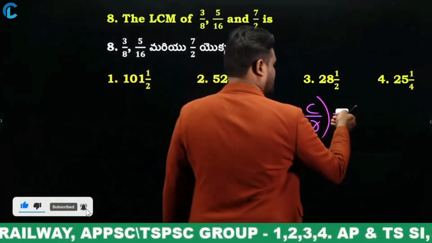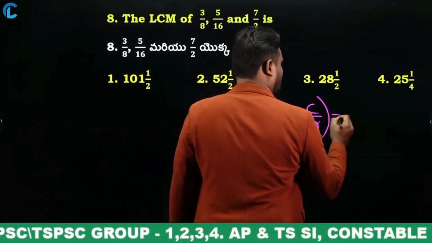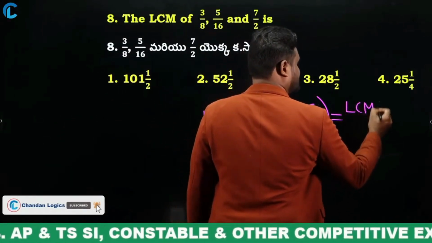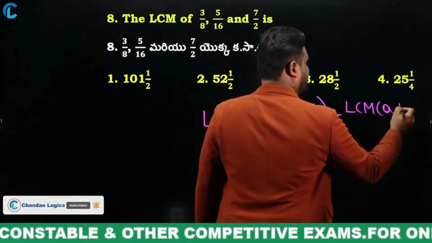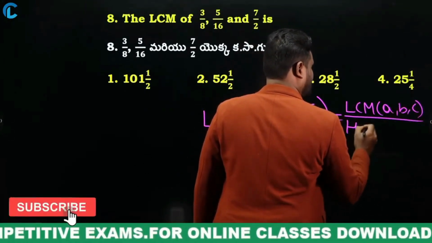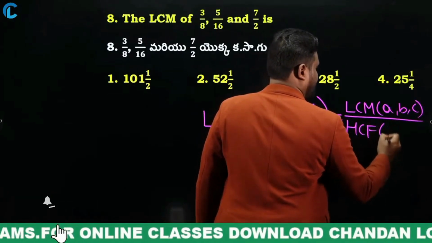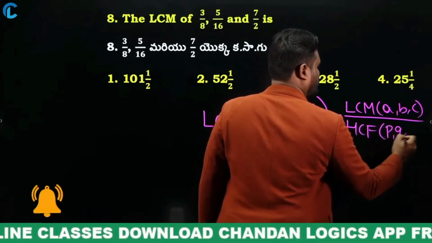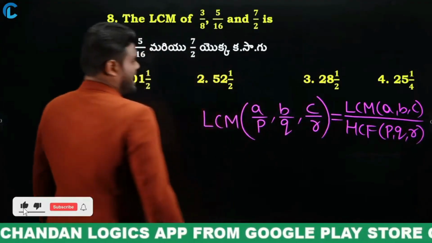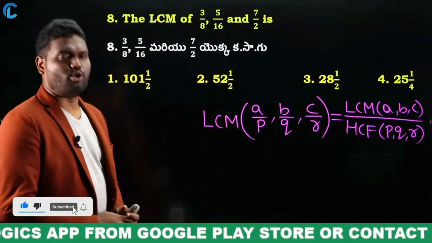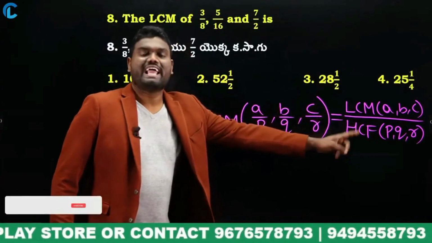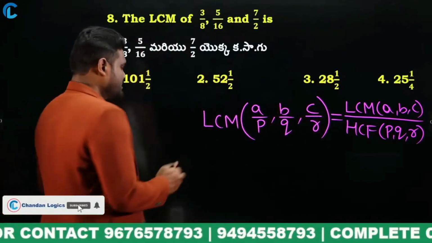It is nothing but LCM of A, B, C divided by HCF of P, Q, R. Is it clear? LCM of A, B, C divided by HCF of P, Q, R. So for the numerator you need to do LCM, for the denominator you need to do HCF.